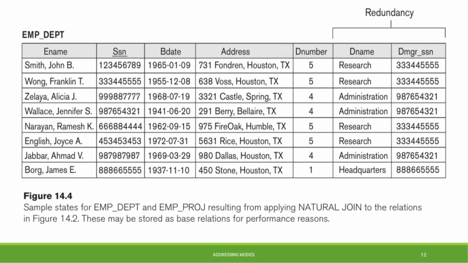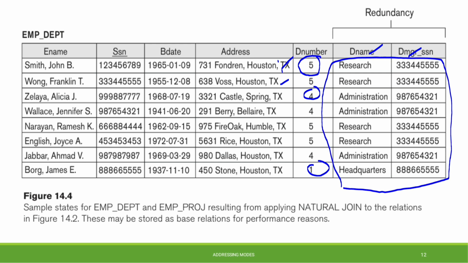That is, for a particular department number, instead of storing the department name and the department manager's social security number only once, it is repeated as many times as that department number is there for a tuple. So this block is showing redundant information.